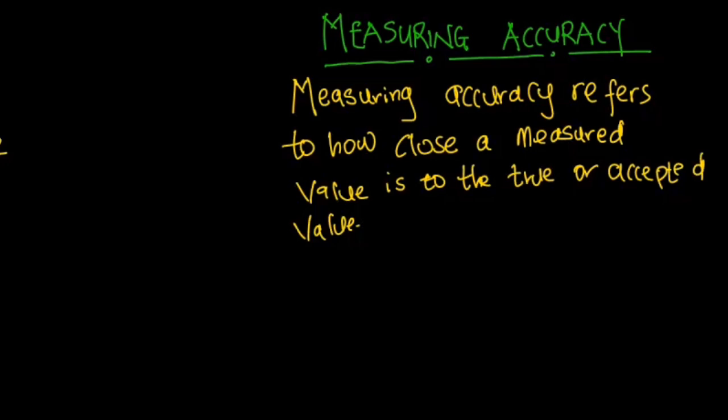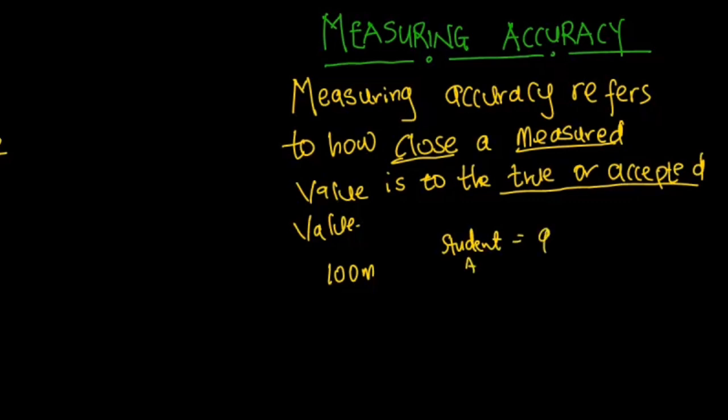So measuring accuracy is just our definition for accuracy. It is simply how close the measured value is to the true or accepted value. So again, let's say we have the length of a football field to be 100 meter, and a student A measured that field and obtained a length of 99.8 meter, and a different student B got a length of 70 meter.